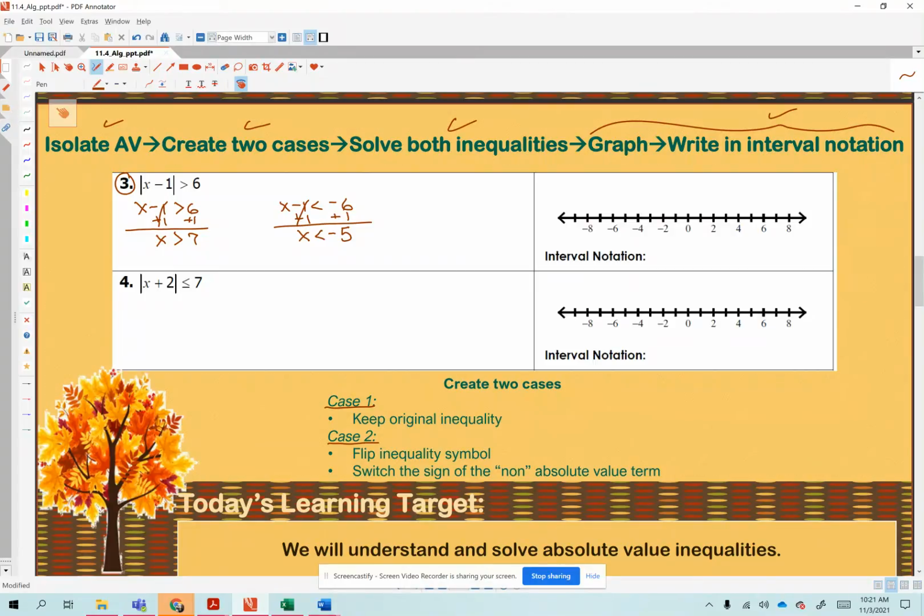So let's go ahead and graph this. So we have x is less than -5, open dot. X is greater than 7, open dot.